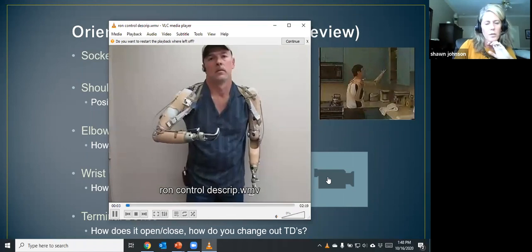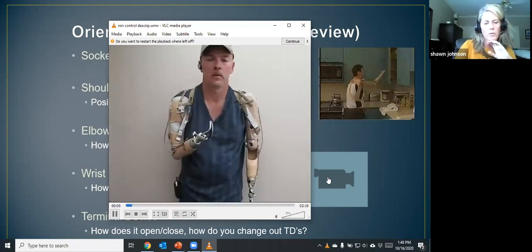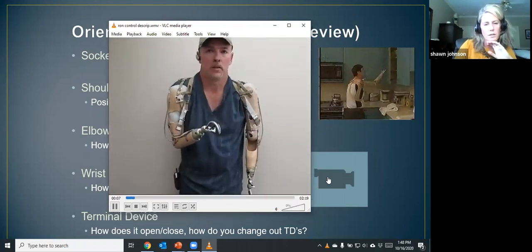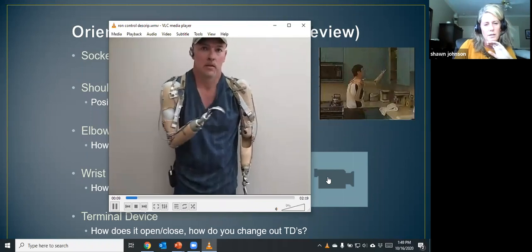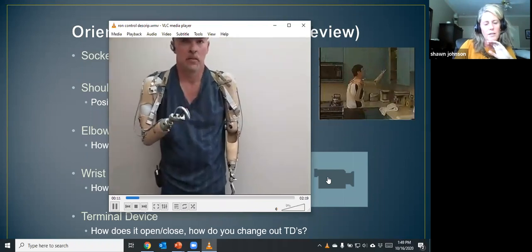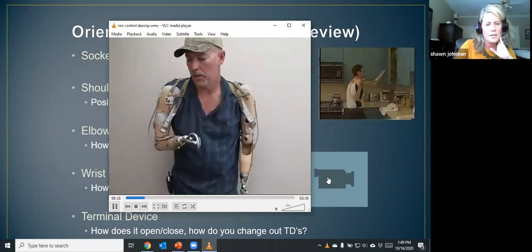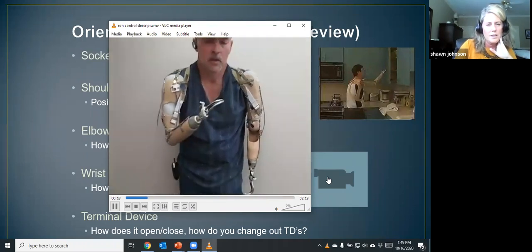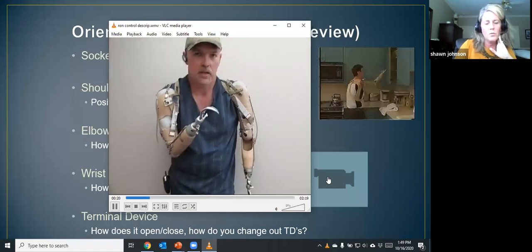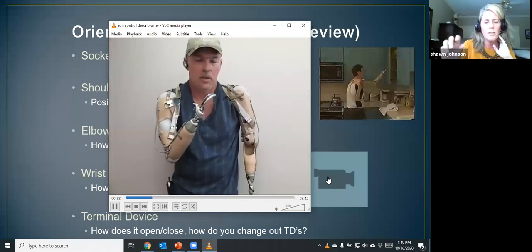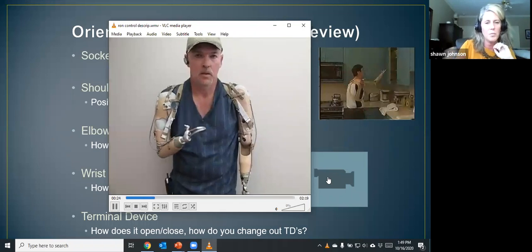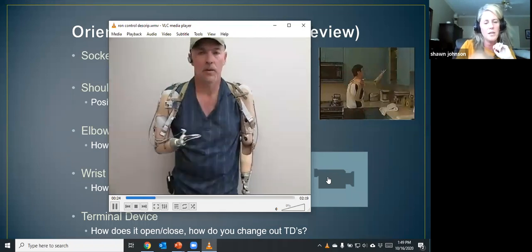This is an example of a bilateral above elbow demonstrating how he rotates his wrist and how he flexes and extends his elbow. If you realize what he's doing, it's showing that if he's got a fork, he's able to stab something on a plate and then bring it up to his mouth.